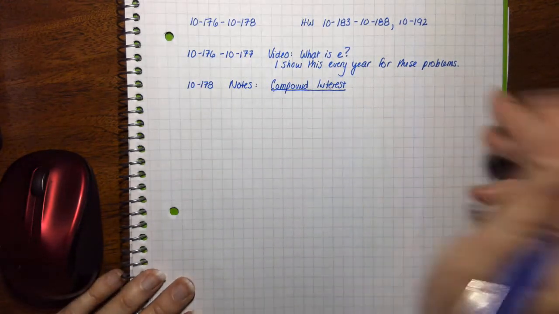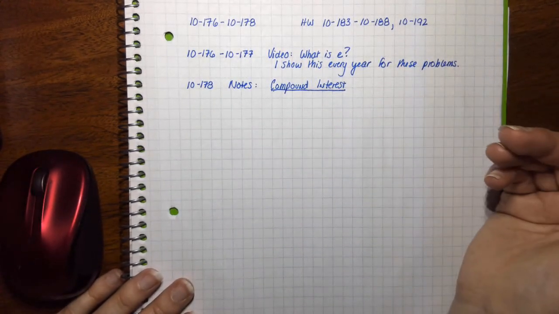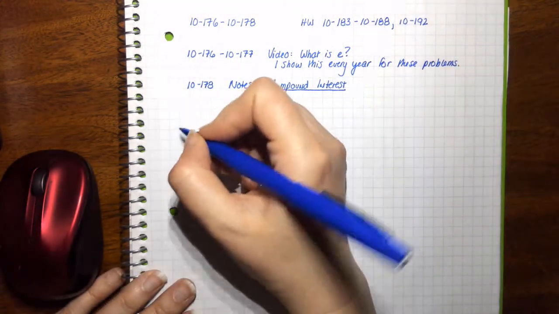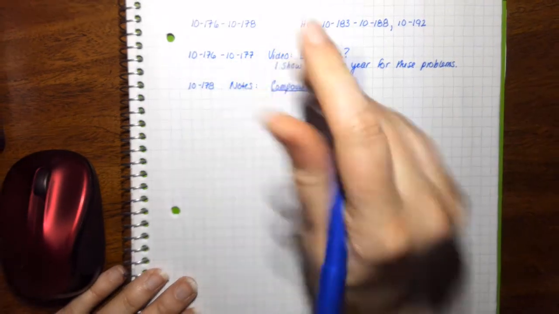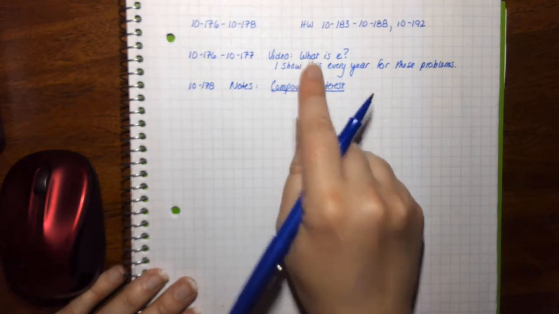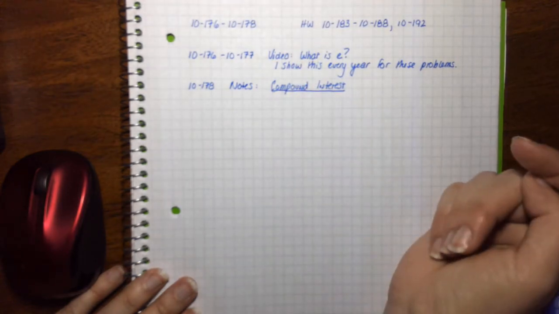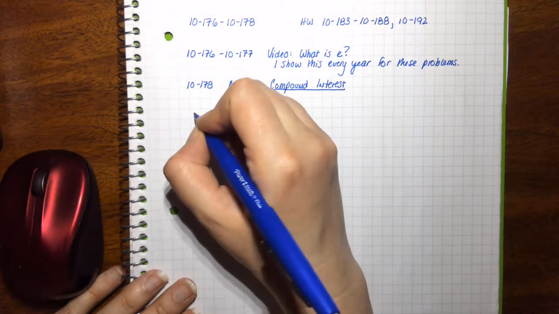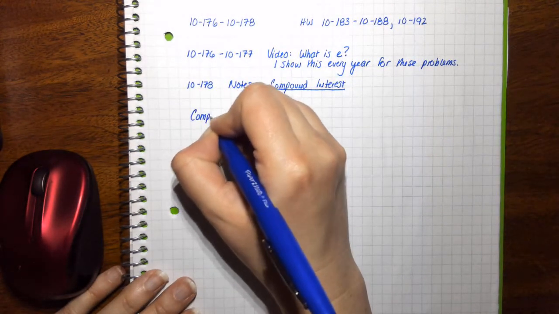For 178, the one problem that we're going to actually do in this classwork is notes for compound interest. So there are two, and watch this video first please, and then come back and do these notes. There are two different types of compound interest. First is compounding time periods.